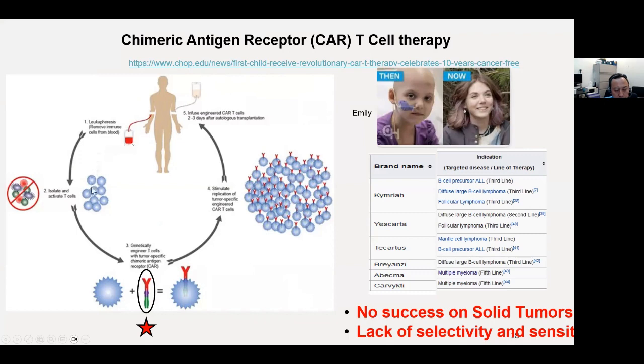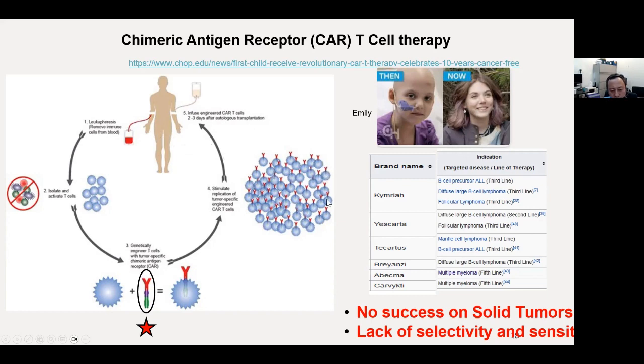Then you isolate the T cells and do the transfection of the gene coding the chimeric antigen receptor, and let it express. Then this T cell will be able to recognize the specific biomarker on the tumor, and activate this T cell to start the killing program to remove the tumor.